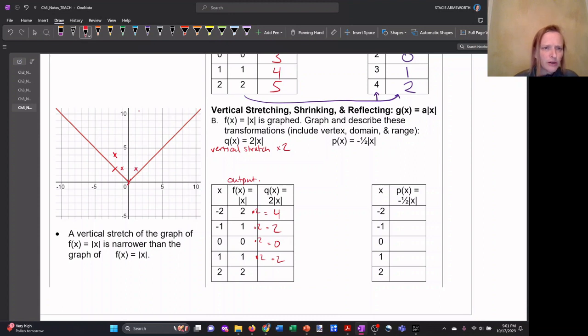So I'll have a point here. And 2 times 2 gives me a value of 4, so I'm going to have a point here. So if I just continue that pattern up here a little bit to help me connect the dots. Here is my new function.